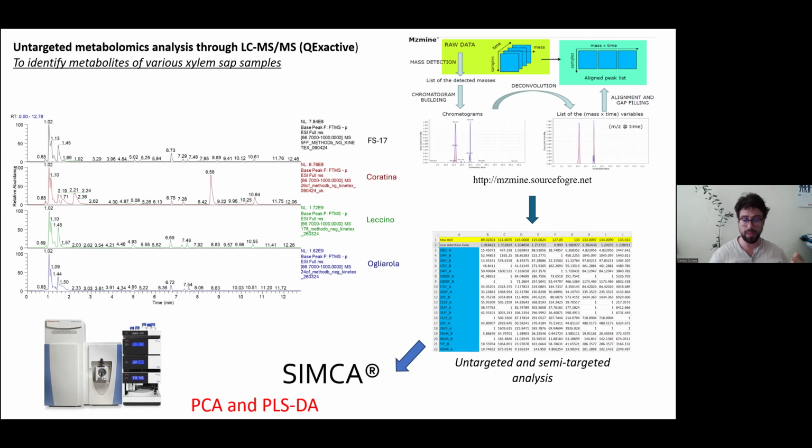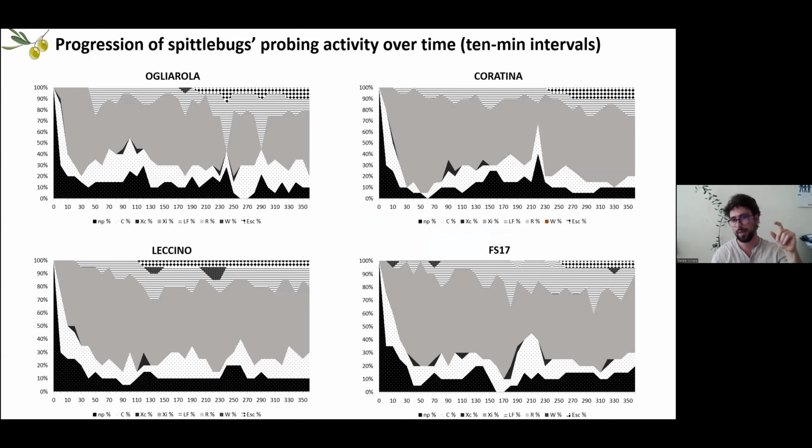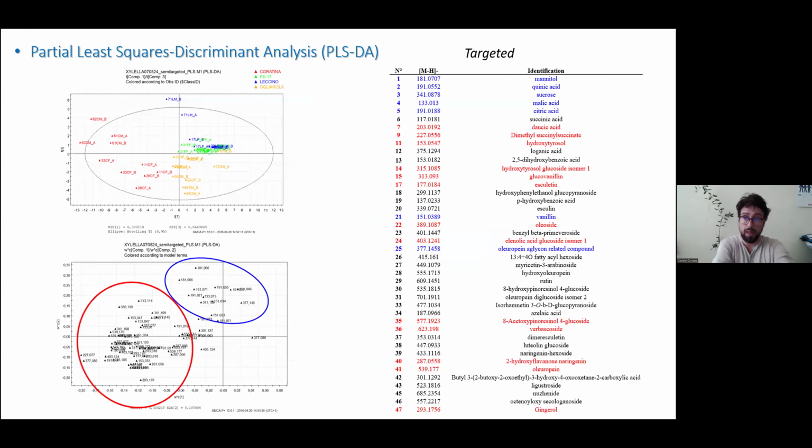The data are extracted and then correlated with the probing and feeding behavior, so the single behavioral patterns and all the behavior of Philaenus associated with xylem sap and xylem sap ingestion. By now, 47 metabolites have been characterized.